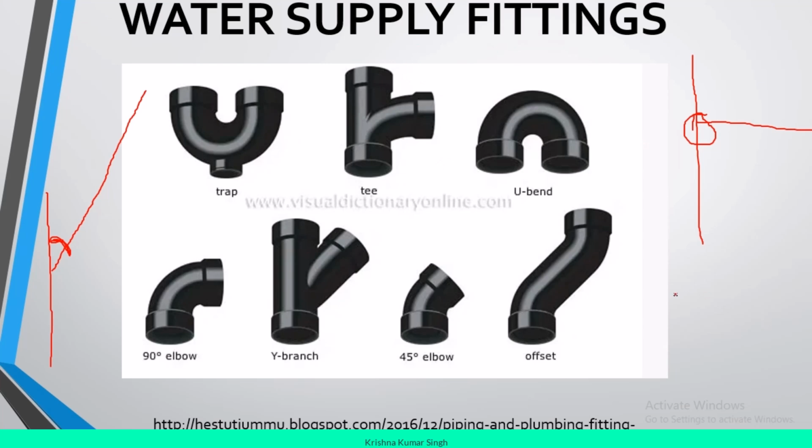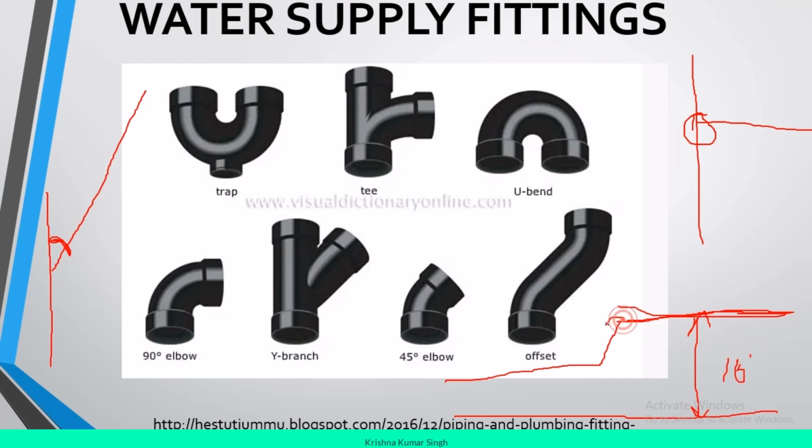For offset, offset means your pipe is at some level, and you want to reduce the level of your pipe, you can use these offsets, right? For example, this is the floor level and this is the pipe level. Now this distance is 16 feet.